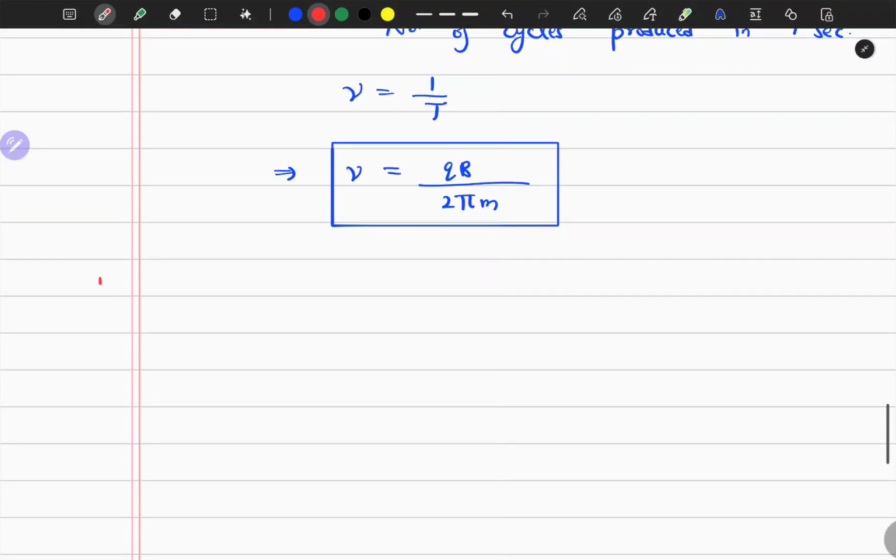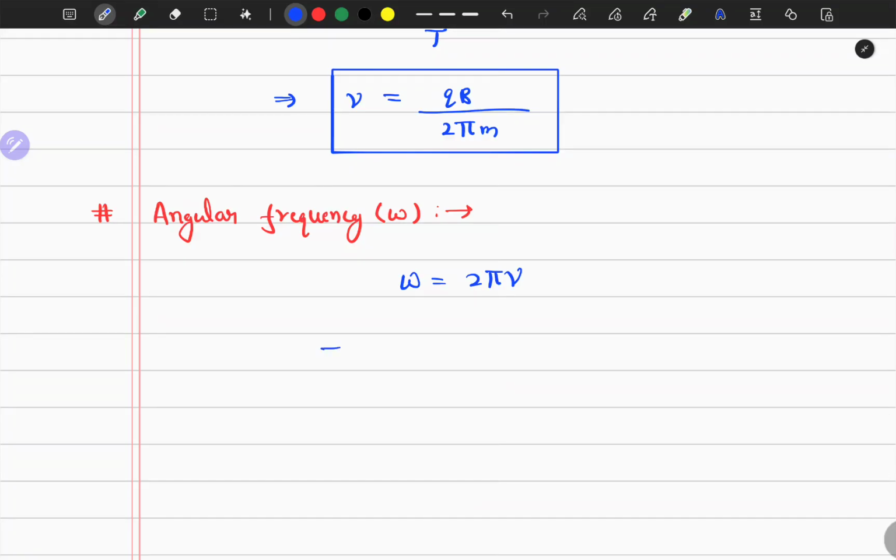And let's talk about angular frequency omega. We all know the relation omega is equal to 2 pi times nu.